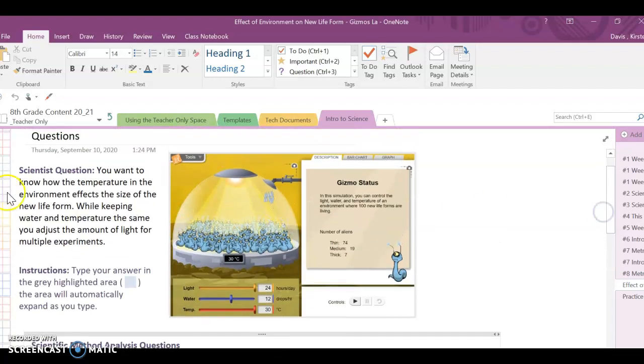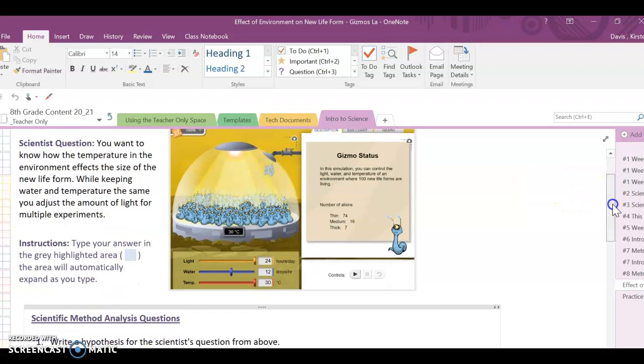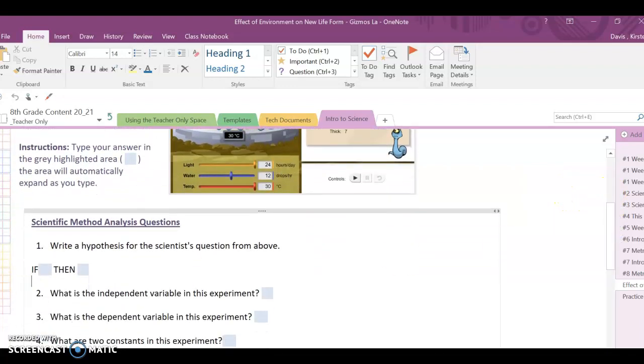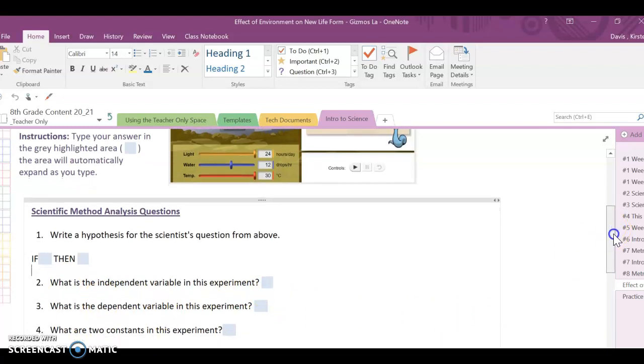The independent variable is temperature. So I could say, if the temperature is 30 degrees Celsius, then the aliens will be large, or the aliens will be thick. Then I would say what my independent variable is, my dependent variable, and two constants in the experiment.